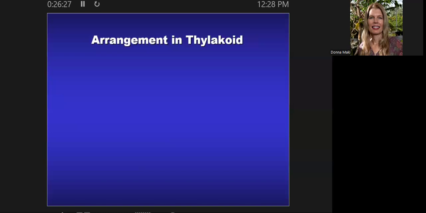Okay, so those photosystem 2, when you look at the thylakoid, it's weird. You see a lot of photosystem 2 peppered through the grana region. Remember, the grana region is the stacked region of the thylakoid.